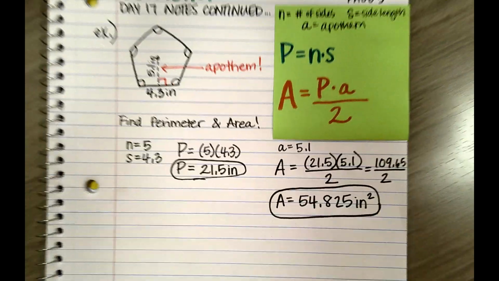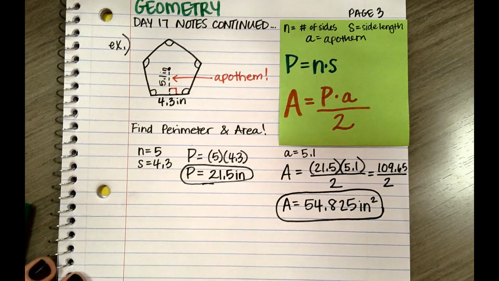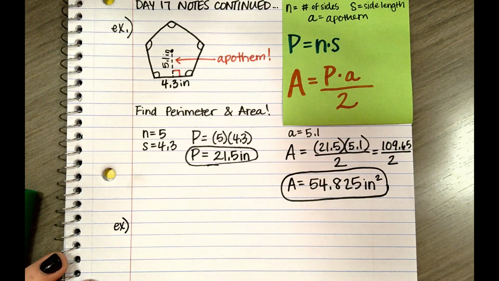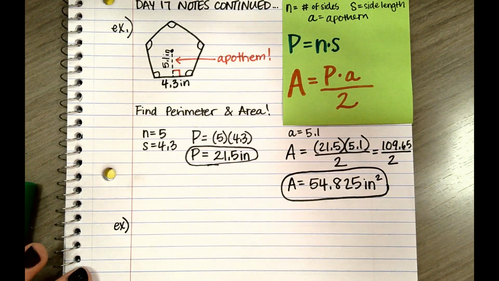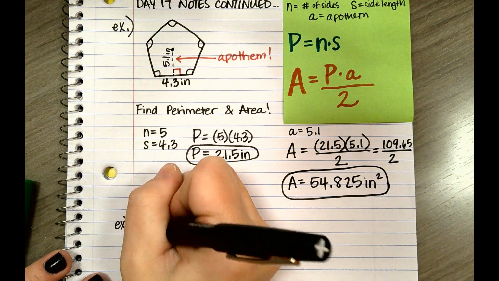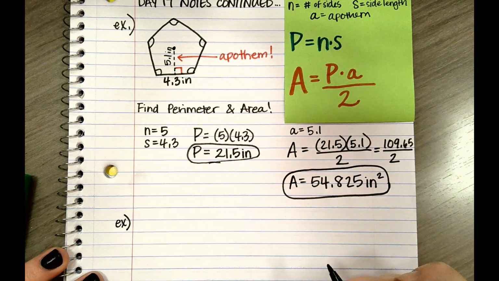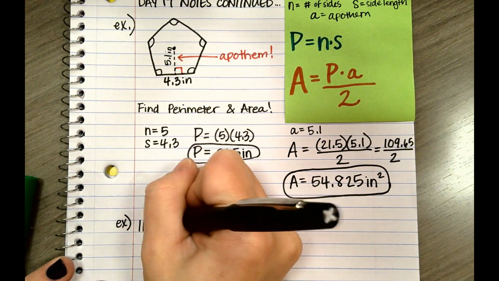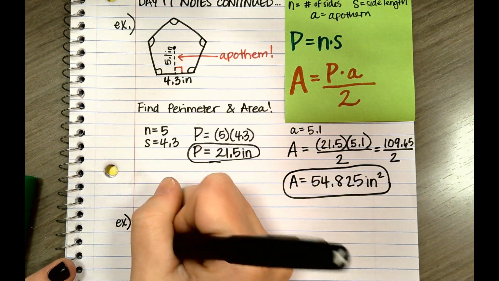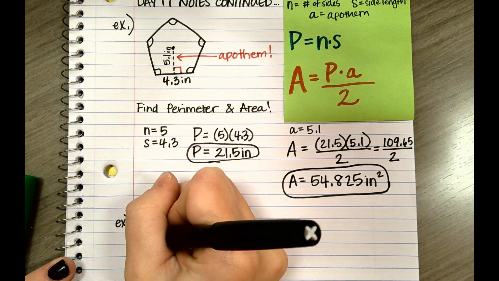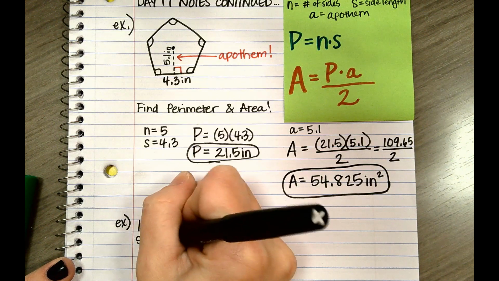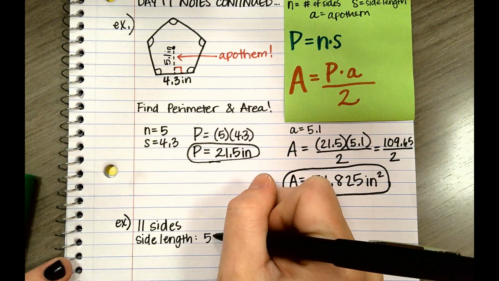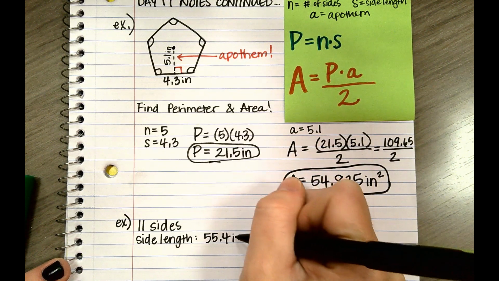Okay, so I'm going to give you all an example to try on your own. And this time I'm not going to draw a picture, I'll just give you the detail. This shape has 11 sides. It has side length of 55.4 inches.